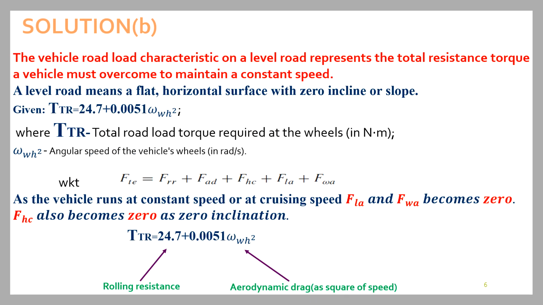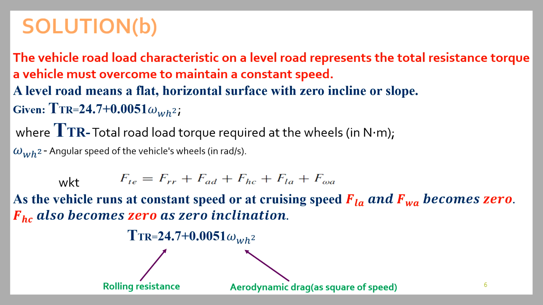To solve the subdivision B, let us understand the given parameters. The tractive torque is given as 24.7 plus 0.0051 times wheel speed square. In the second case, the speed is asked to be maintained constant. As the speed is constant, the rate of change of speed, d omega by dt, is 0.